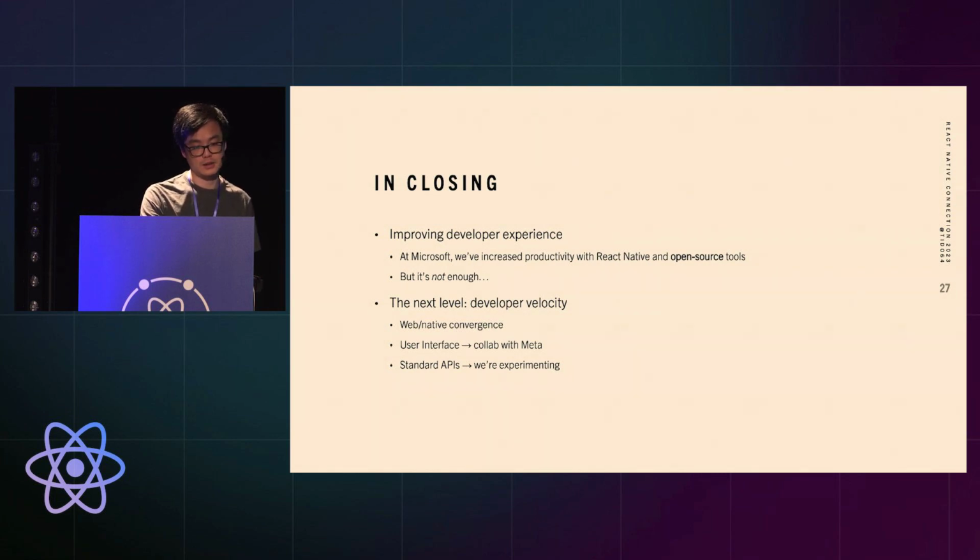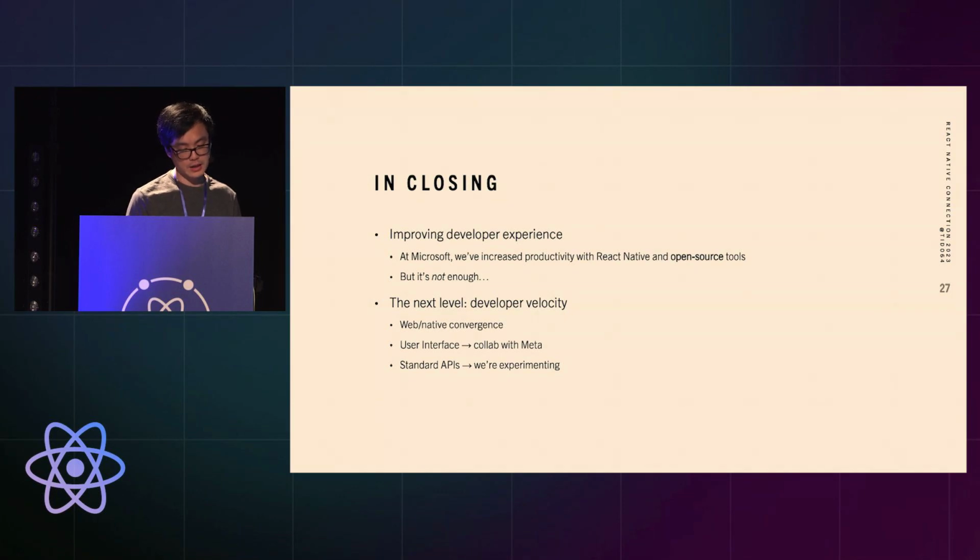And we're proposing to solve this with web-native convergence by enabling web code to run directly in a React Native app. And there are two parts to this. There's the user interface, for which there's an RFC, and we're hoping to collaborate with Meta on this. And then there's the standard API, and we're just getting started.